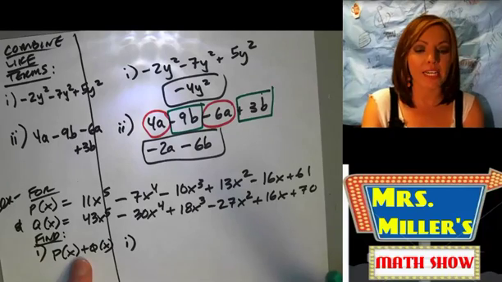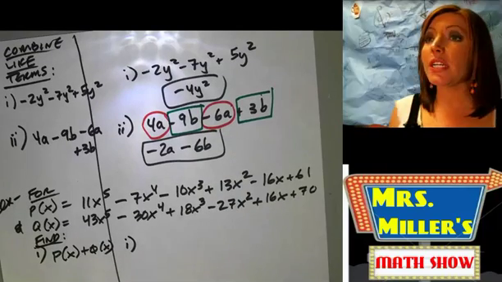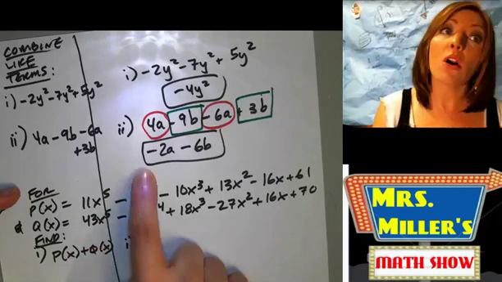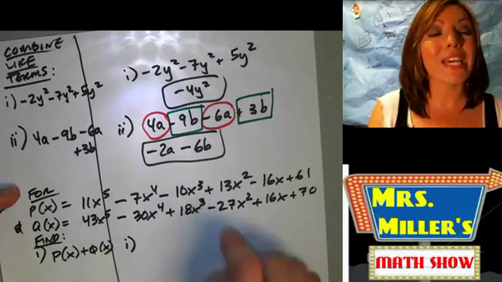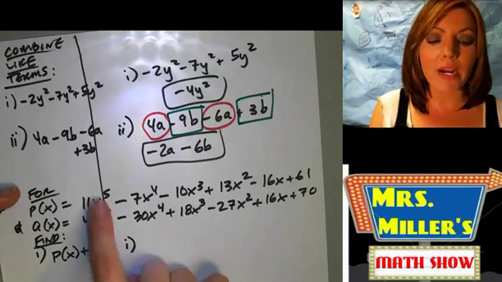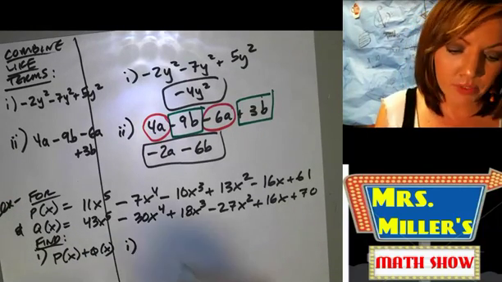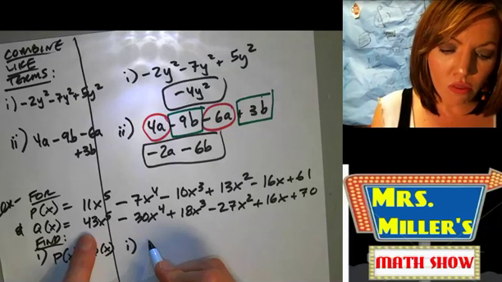Fortunately for us, the x to the 5ths are lined up. The x to the 4ths are also lined up. So are the x cubed, so we can add straight down. If we add straight down, who can tell me what we end up getting? The first one would be 54x to the 5th.